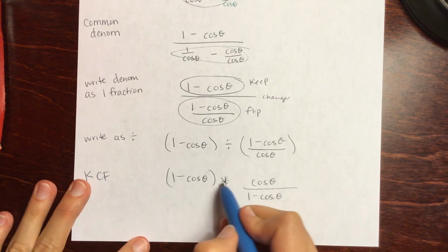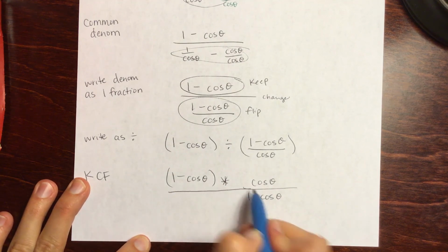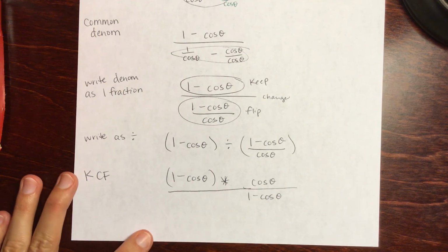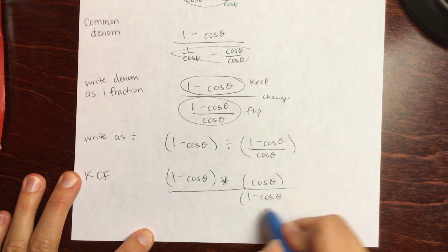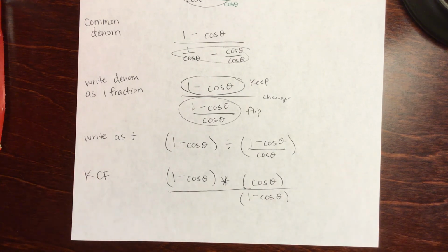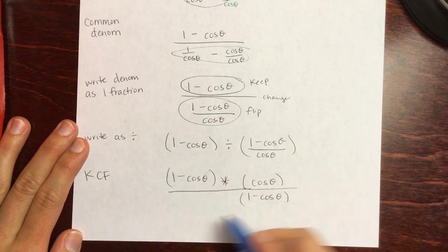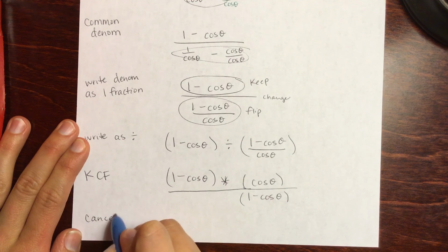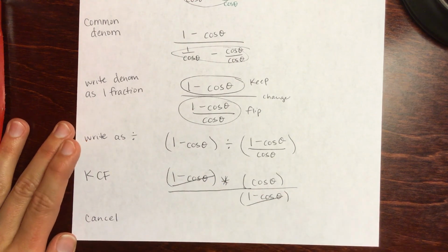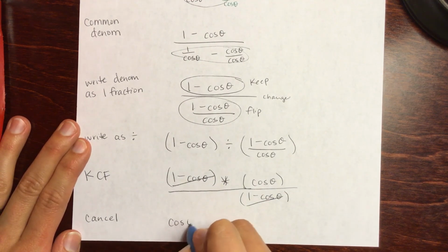Now this is a multiplying sign, so I can just think of this as one long fraction. And I can put in my parentheses if it'll help me clarify what's going on. And when you see that, you might realize I have a 1 minus cosine theta on top and on bottom, so I can cancel those out. And I'm just left with a cosine theta.